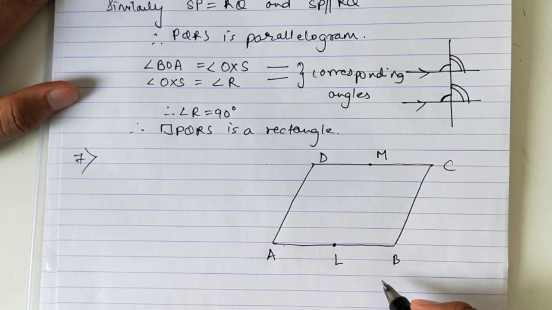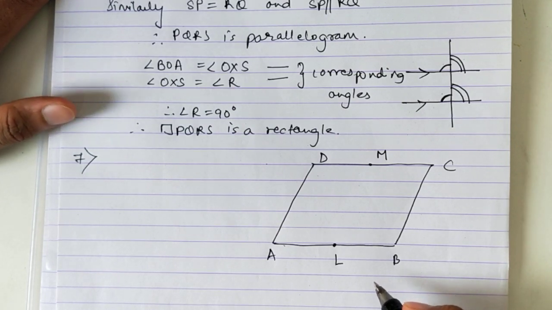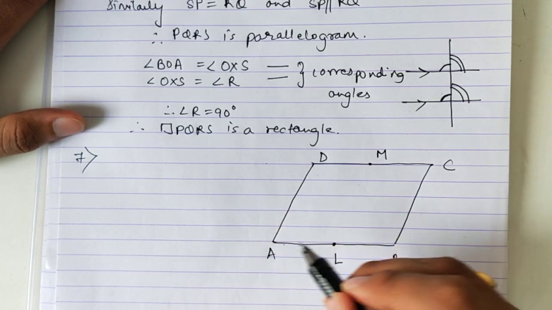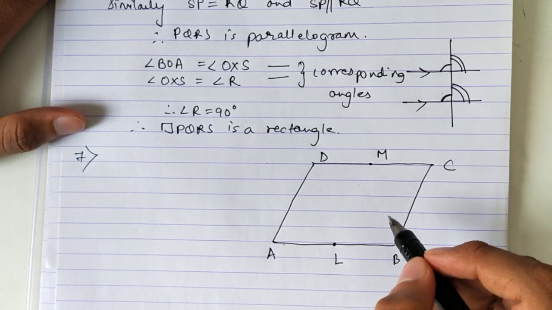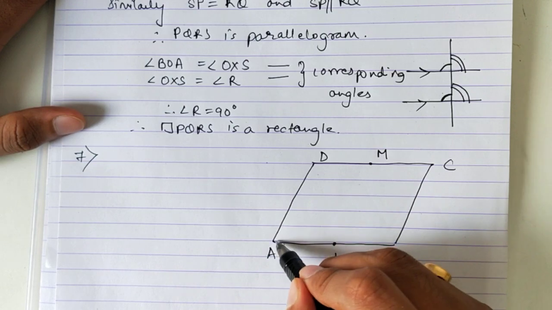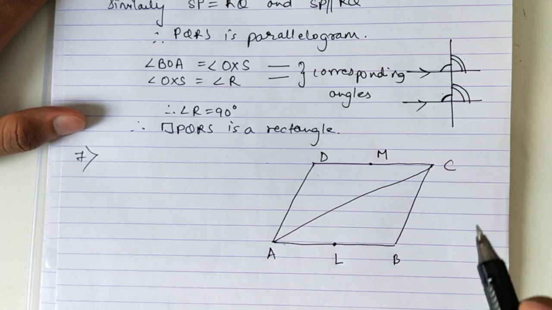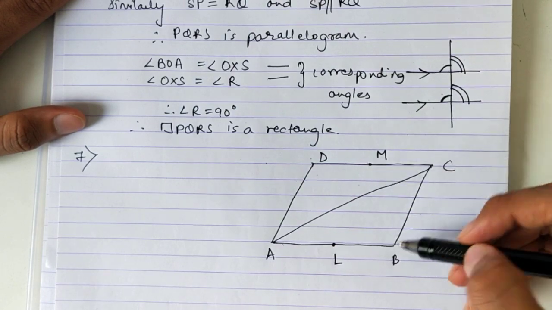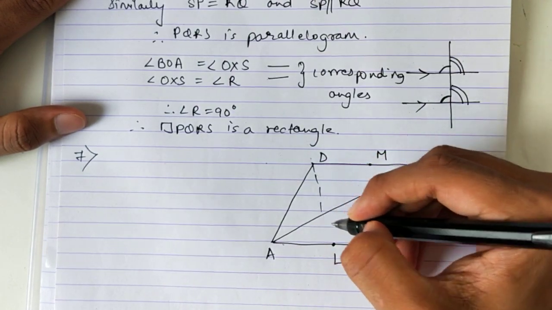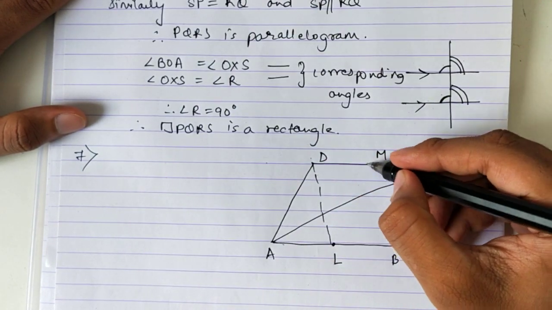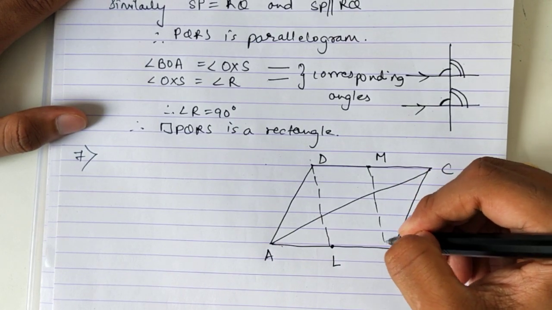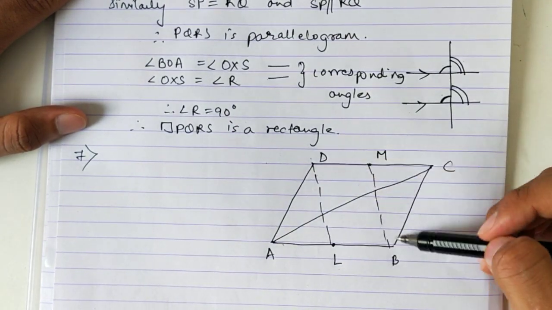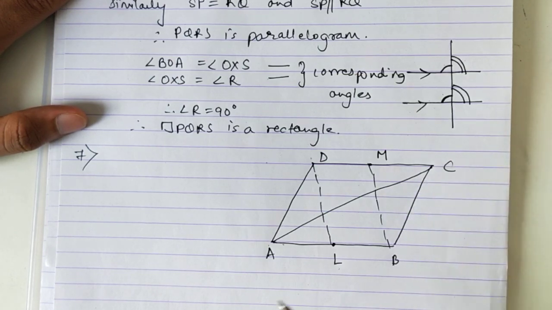Prove that DL and BM trisect the diagonal AB. What are they saying? Now we have to prove that DL and BM, these two lines, trisect the diagonal AB.